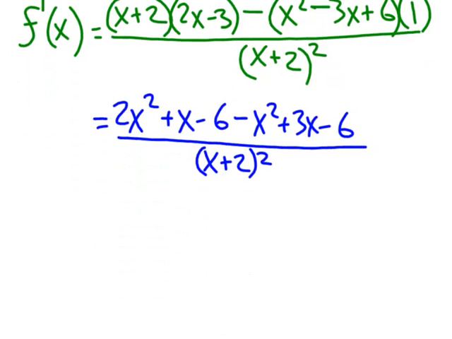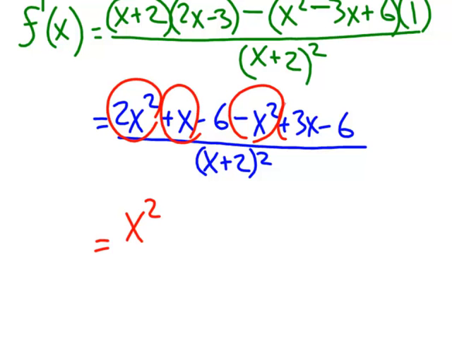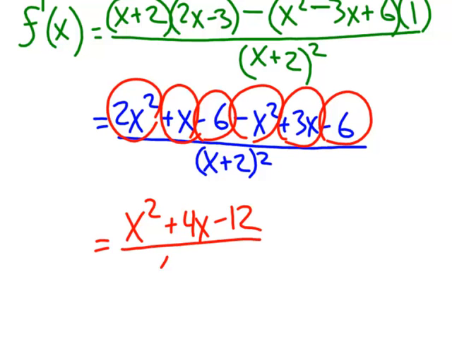We'll combine our like terms. So the 2x squared and the minus x squared give us x squared. Plus x plus 3x gives us plus 4x. Minus 6 gives us minus 12. All over x plus 2 squared.